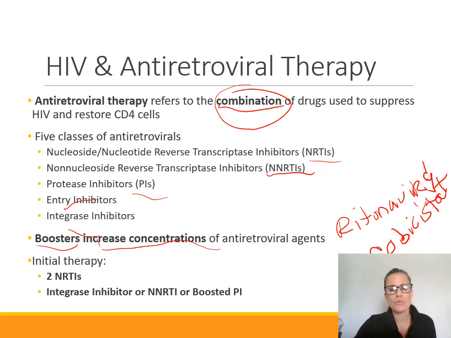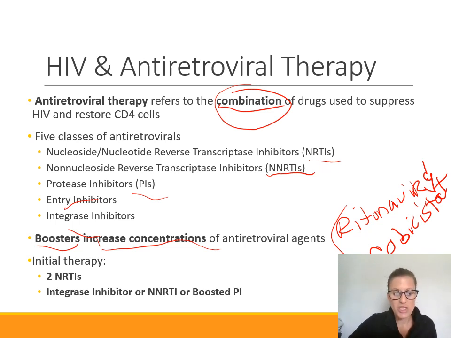And we talked about this with ritonavir. Ritonavir is a really strong inhibitor of cytochrome P450 3A4. By inhibiting CYP3A4, you inhibit the metabolism of the agent that's actually working against the HIV. So the ritonavir and the cobicistat, they're not actually killing the HIV, but they're increasing concentrations of the drugs that are preventing replication.